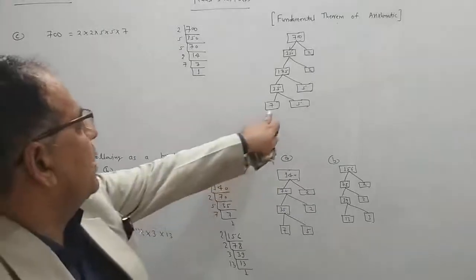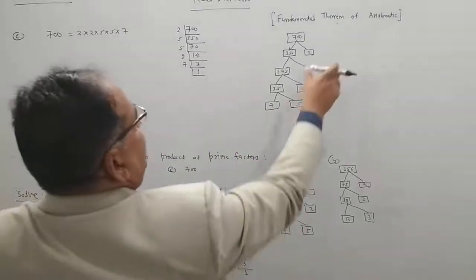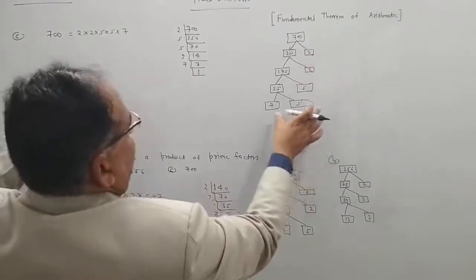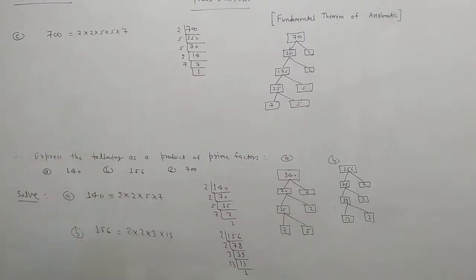So both are primes, and our process is finished now. So the final prime factors are 2 into 2 into 5 into 5 into 7. This is the prime factorization of these numbers.